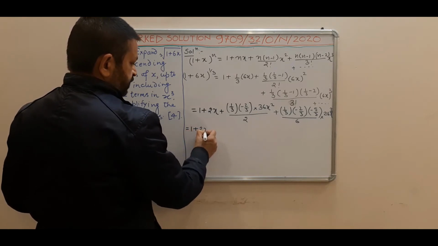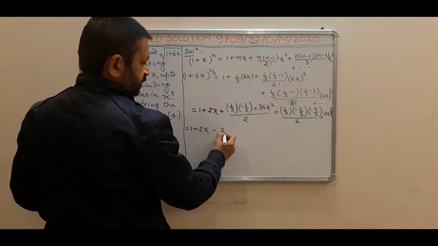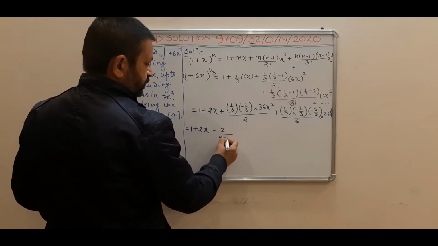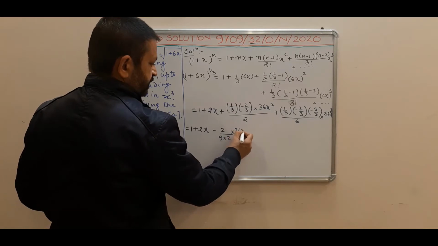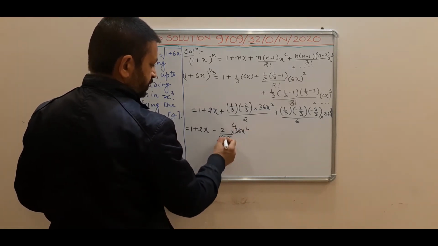Now it is 1 + 2x minus 2 upon 9 into 2 into 36x square. You can perform these calculations in your calculator itself.